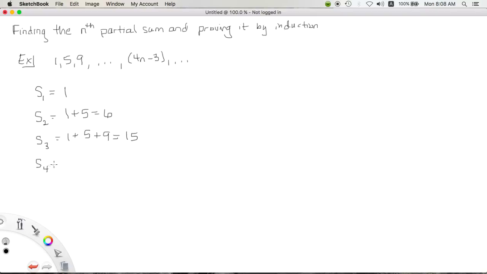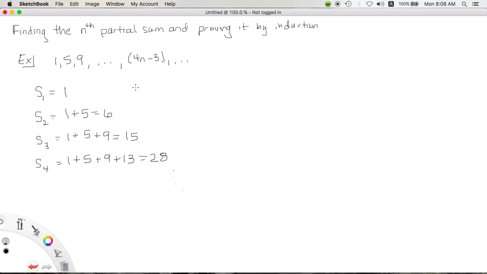And the fourth would be the first all the way up to the fourth term, all added together, and so on and so forth. So these are all our partial sums. So what we need to know is, is there some kind of formula we can use to find the partial sum without having to go back and find all the terms and then add them all up? So let's look at this.